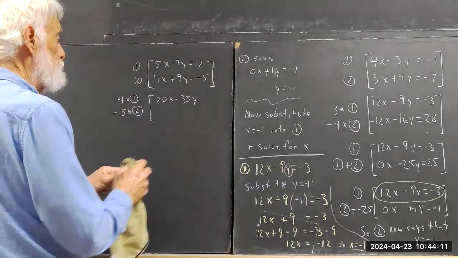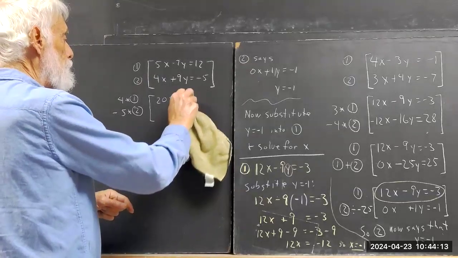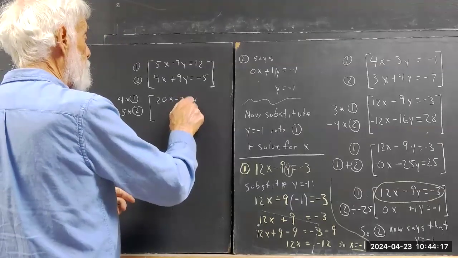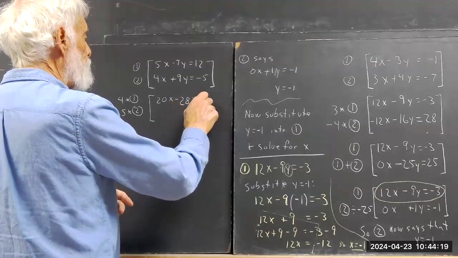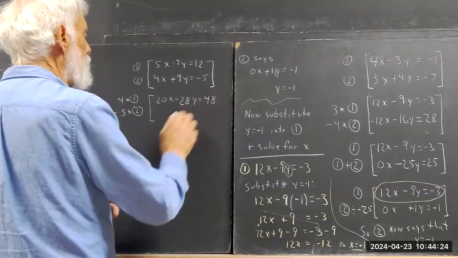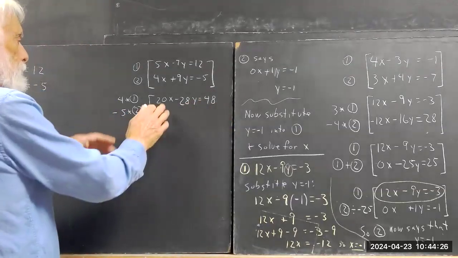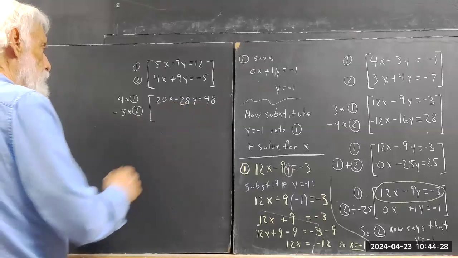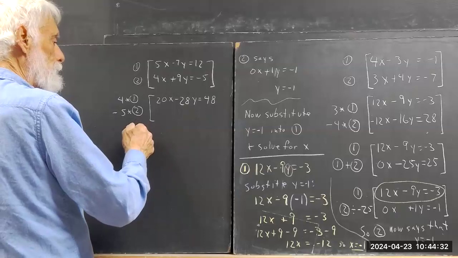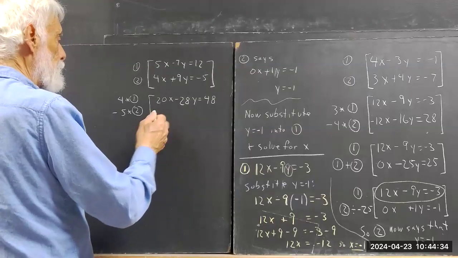You got to be careful. 28y, sorry, equals 48. I think everybody pretty much got that. Some people were kind of stuck on the second equation. Some people just went on and got down to a step where they could solve for y.